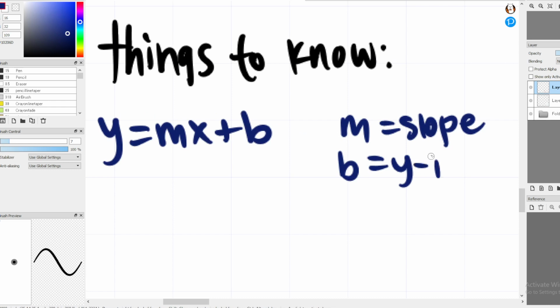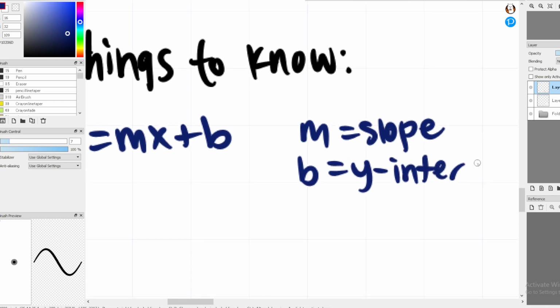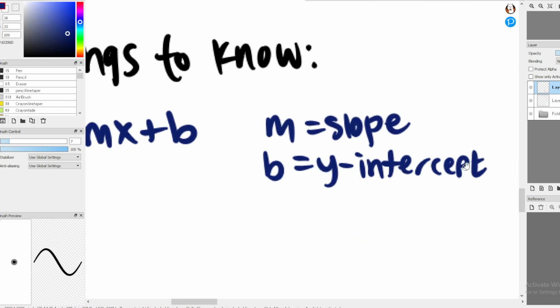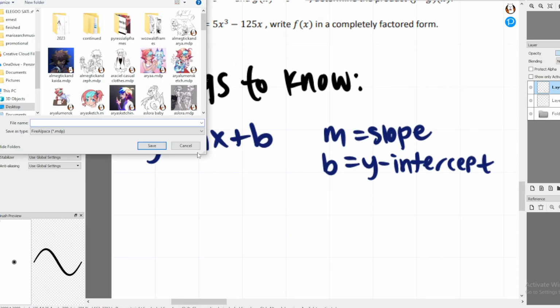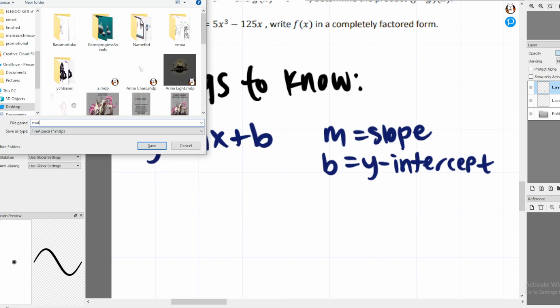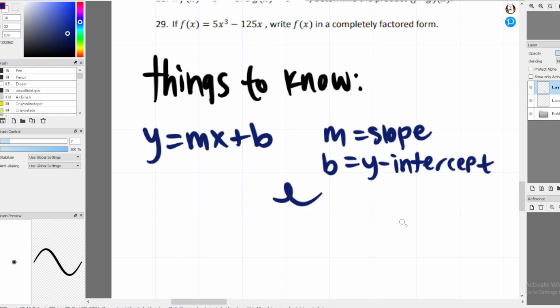Sometimes it's referred to as the initial point. While the transformations that we've learned throughout the semester do apply to linear functions, it actually isn't always the most useful to think of it in context of the other transformations that we have learned. It's good to just know this for linear functions.